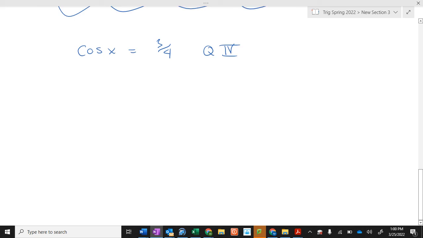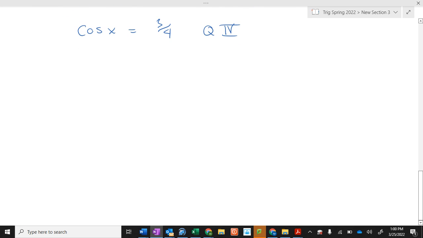How do I find the other 5 trig functions? Using Pythagorean identities and other identities, not drawing out a circle and using triangles, because we've already learned how to do that. Okay, I want to use Pythagorean identities and trig identities.